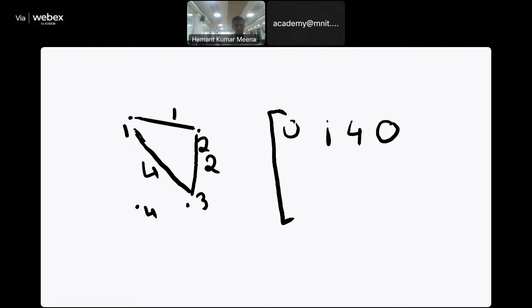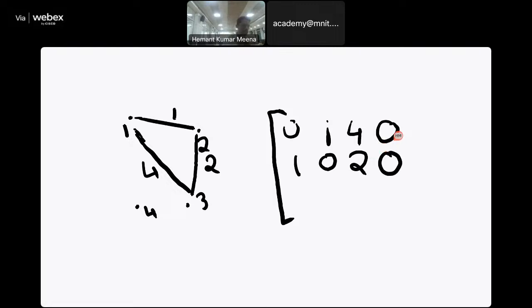And then the second node is connected to the first one. Yes, it is connected. Second is not self-connected. Whether second is connected to the third one? Yes, it is connected. Here the value is 2. Whether second is connected to 4? No, it is 0.